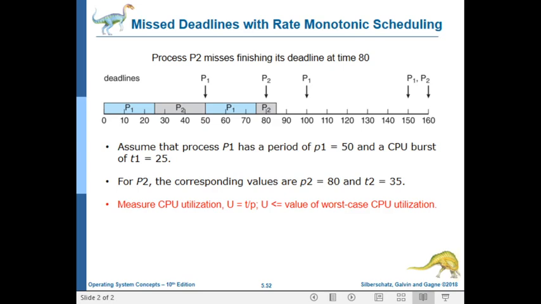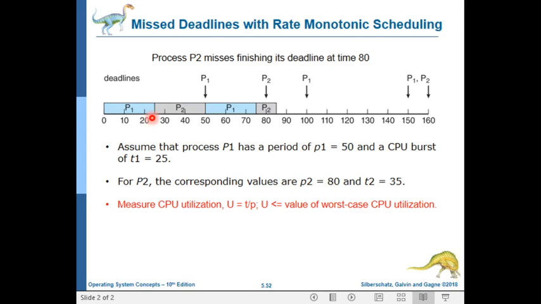From this example, we can say that P1 has a higher priority according to its period value. P1 runs until it completes its CPU burst at time 25.